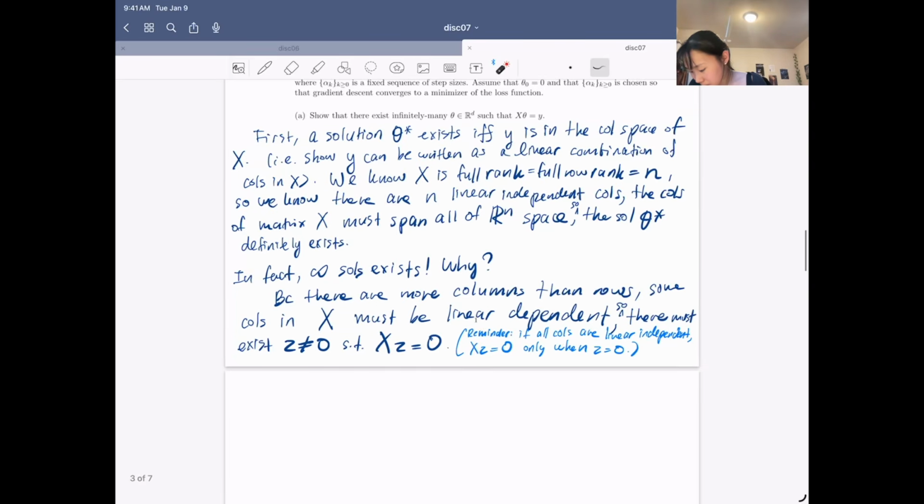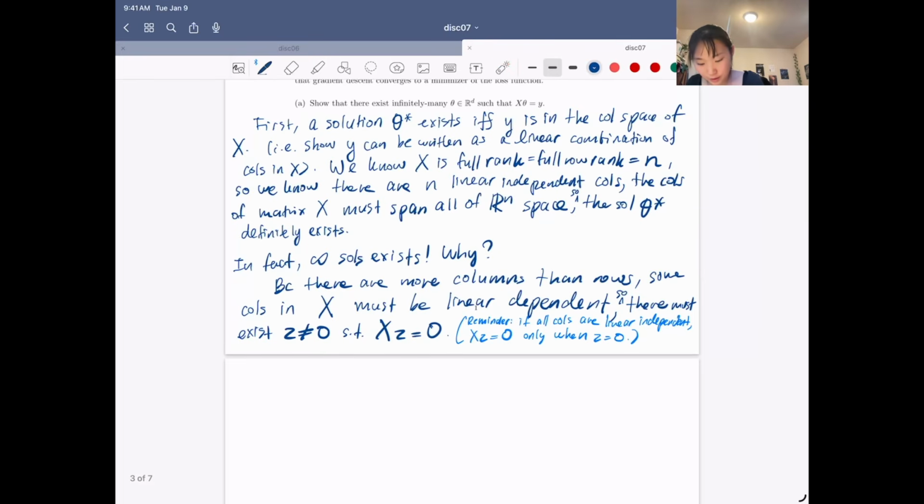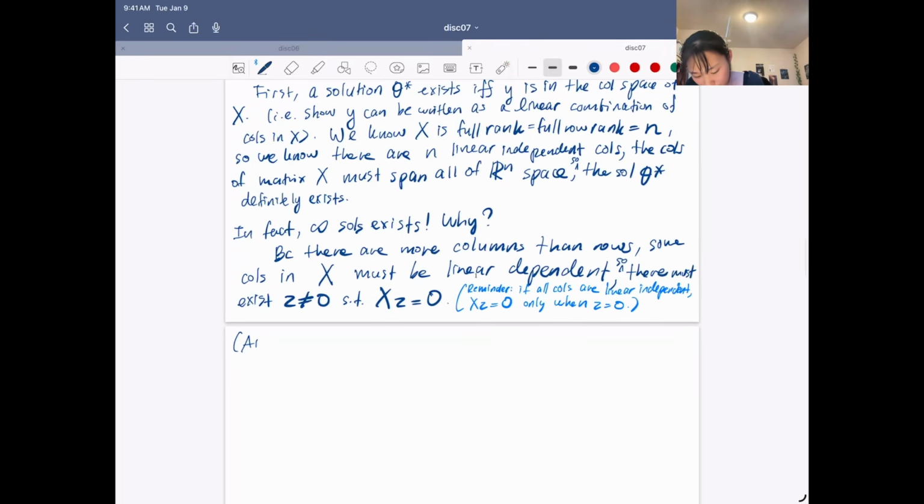Basically, another way to say this, before I go on, is that the dimension of the kernel space, remember the kernel or null space, is greater than or equal to 1.